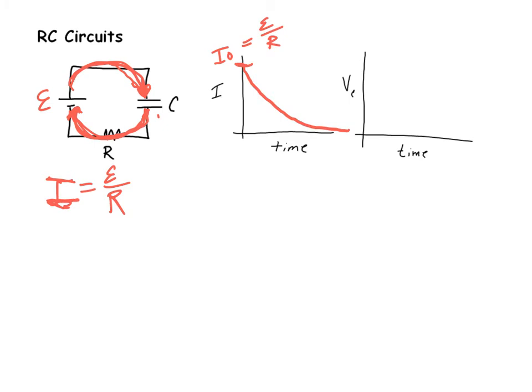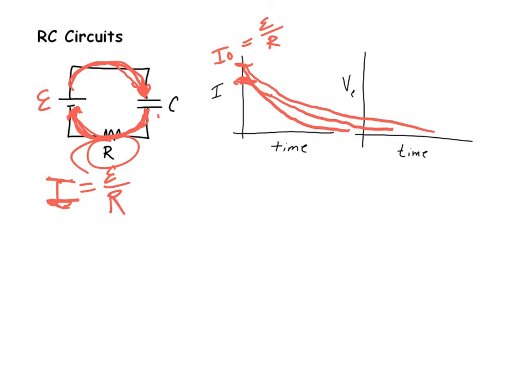Now, if I had a larger resistor here, that would stretch out the amount of time that it takes to charge, and it would start off at a lesser current and then swoop down and take a longer amount of time.